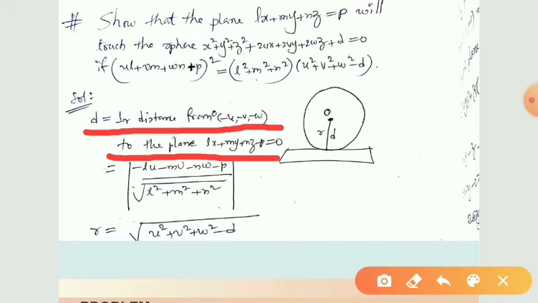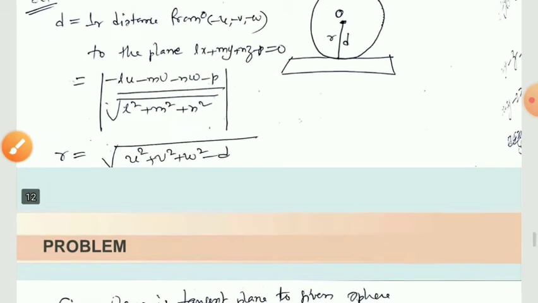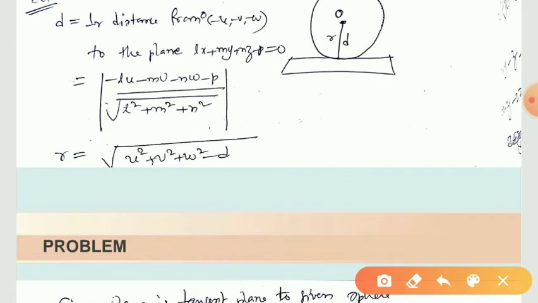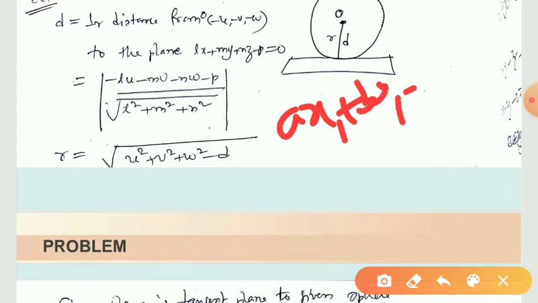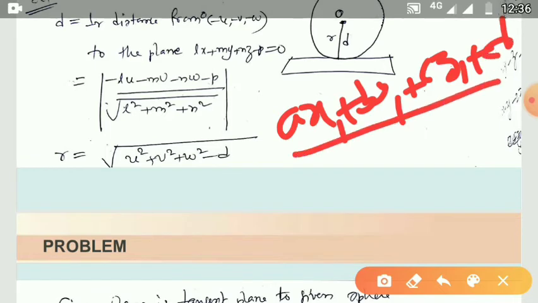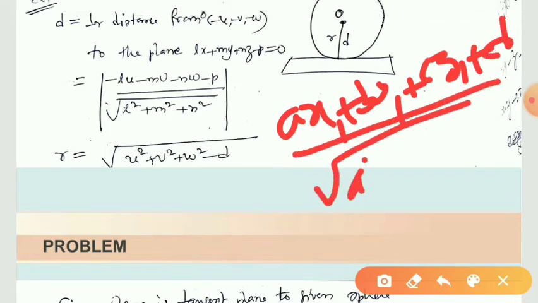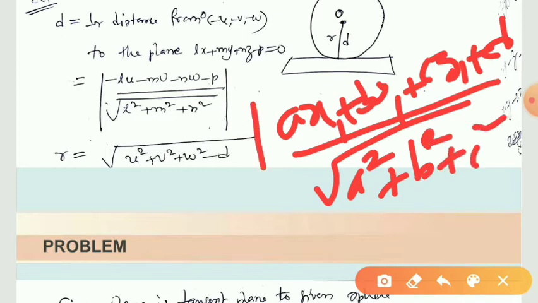Therefore, this can be written by applying the principle. So, what is the principle to find perpendicular distance? Modulus of ax1 plus by1 plus cz1 plus d by root a square plus b square plus c square.